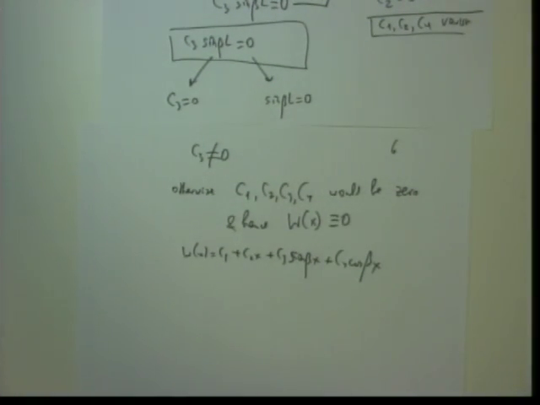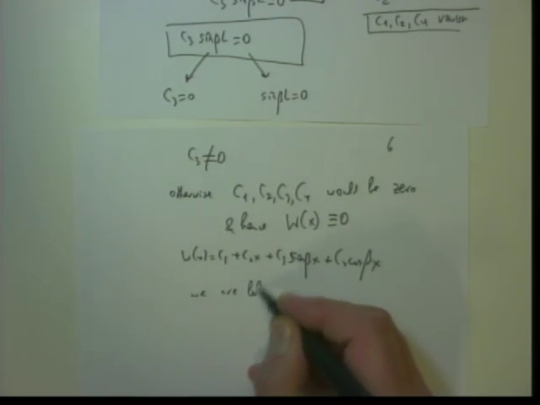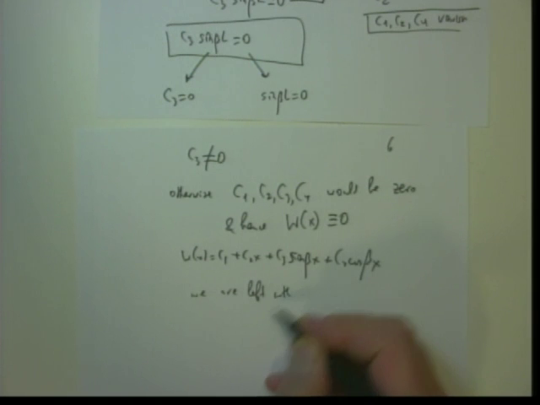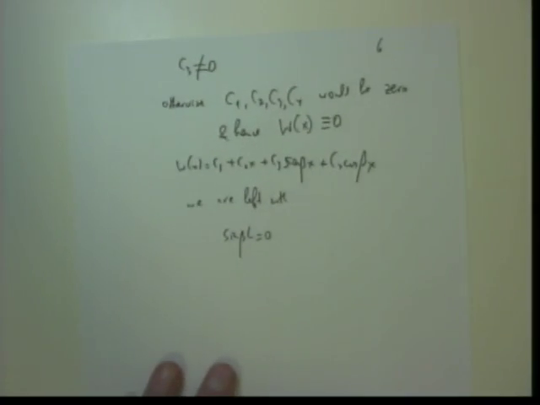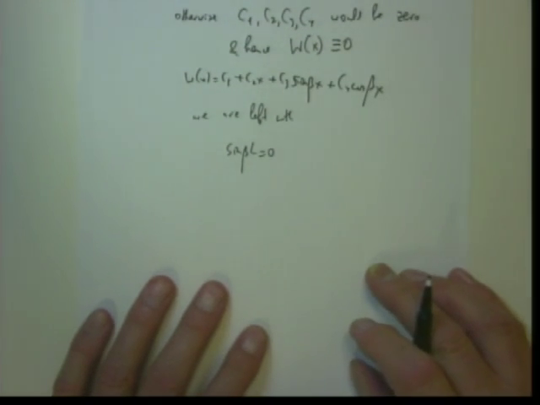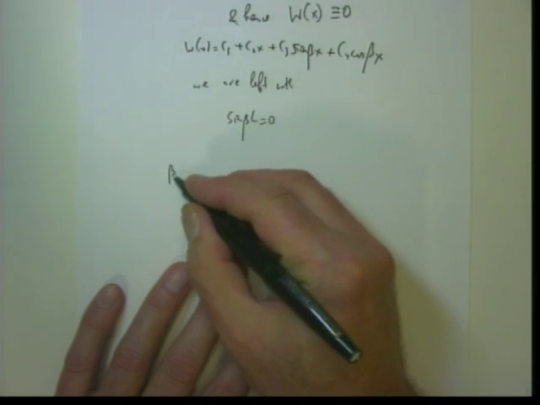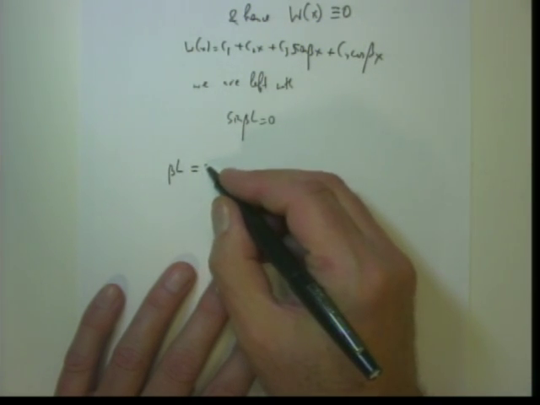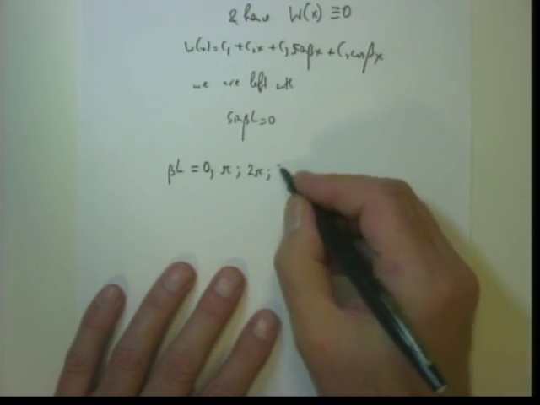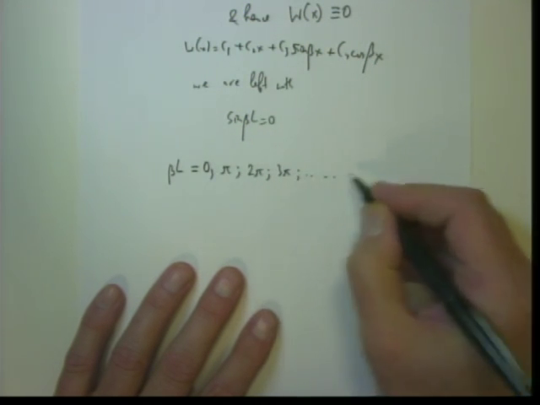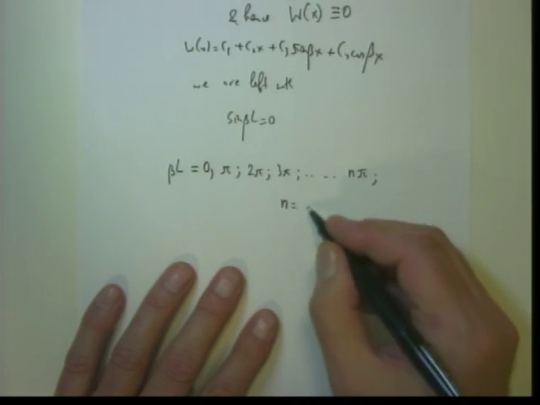So C3 is not 0. So we are left with sine beta L equals 0. That means beta L must equal 0 or pi or 2 pi or 3 pi, etc., n pi, where n is a positive integer.